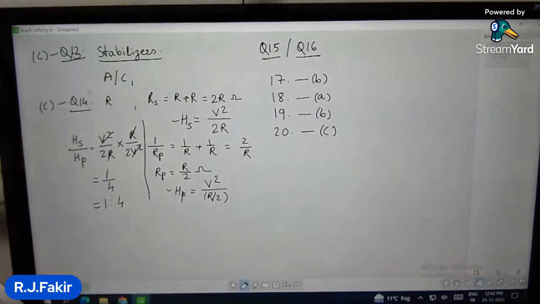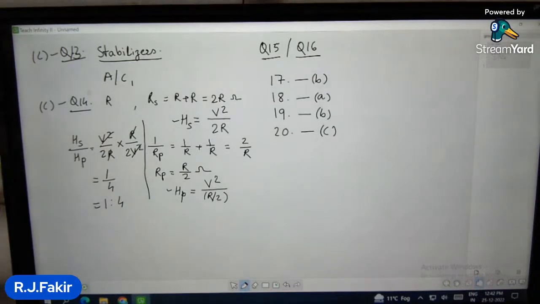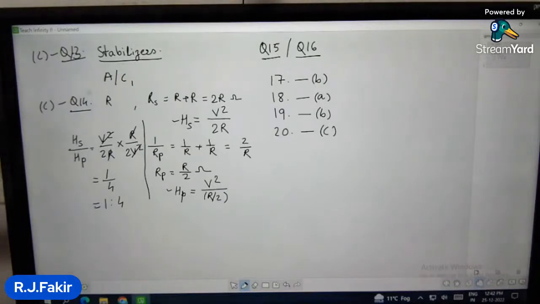Here we can see that the assertion is true, but R is false. Why is it false? Because the main fuse is always connected to the live wire.